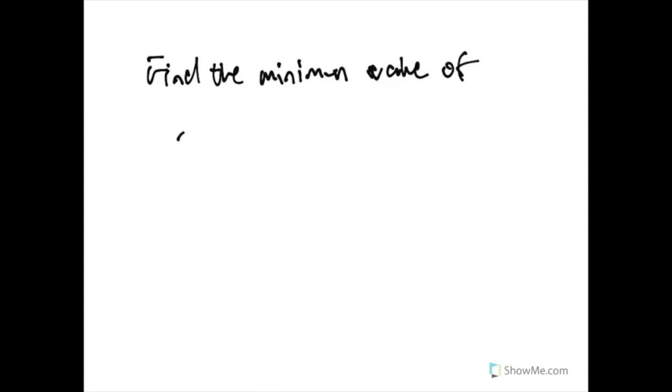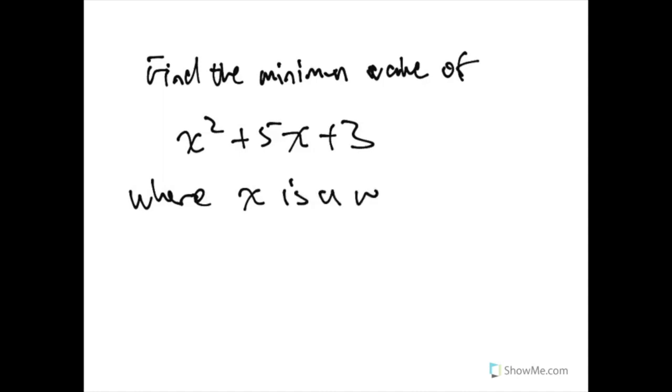So first up, as an example, let's suppose that you see this question on the AMC. It says, find the minimum value of x squared plus 5x plus 3, where x is a real number.